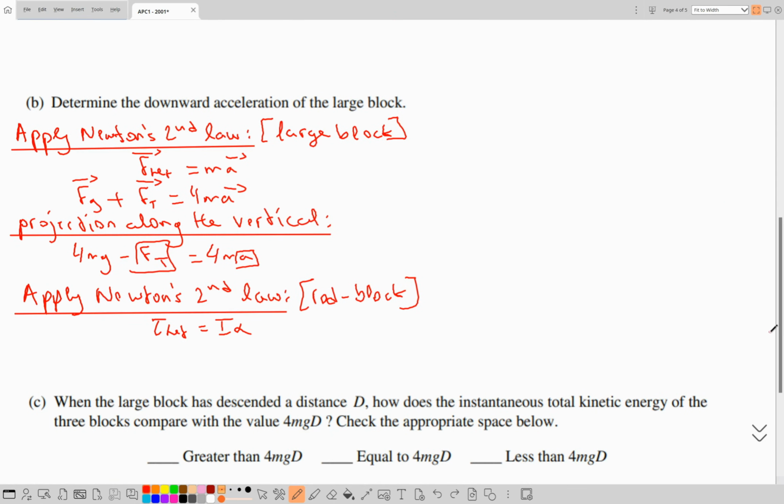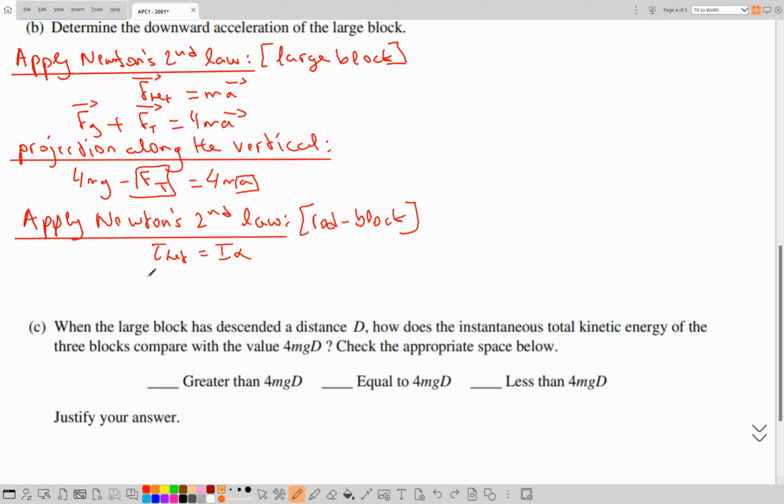You might include, for example, the torque produced by gravity or the normal reaction, but we can ignore them. So the torque produced by the tension is equal to the rotational inertia I times alpha, because we're considering motion occurring without slipping, so all the system has the same acceleration and same velocity.